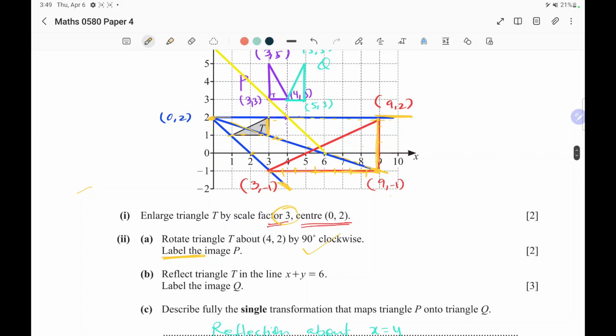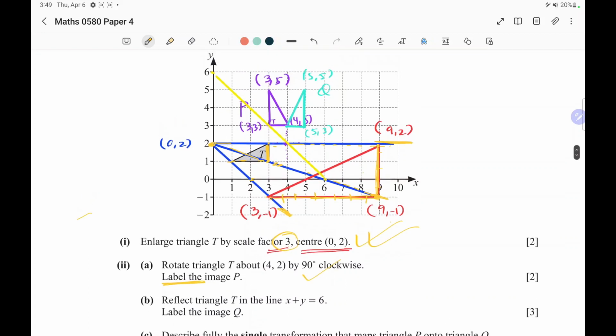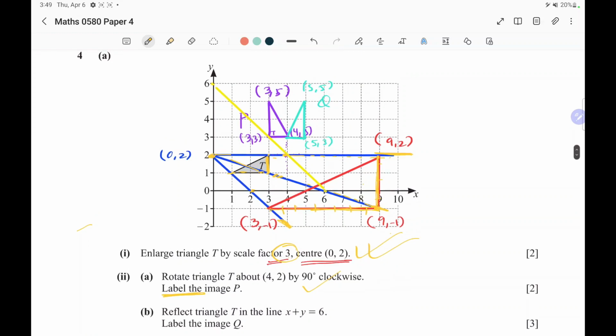Now reflect triangle T in the line x plus y. Enlarge. So first I got enlargement. Now second, rotate triangle T about (4, 2) by 90 degree clockwise. Okay, (4, 2). First is 4 and 2 is here, right? 2 is here. Actually in this case I used tracing paper.